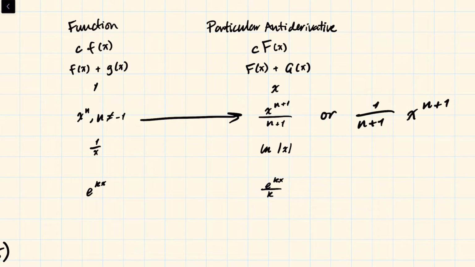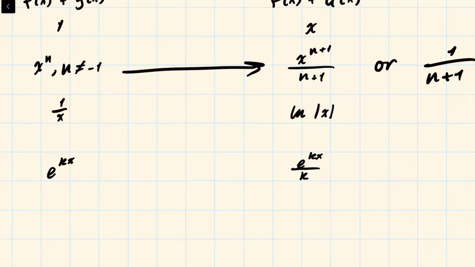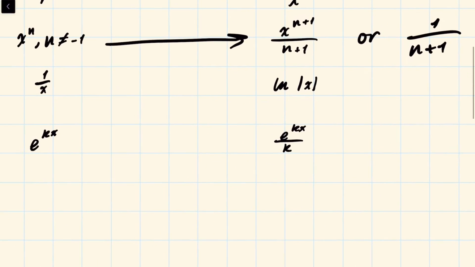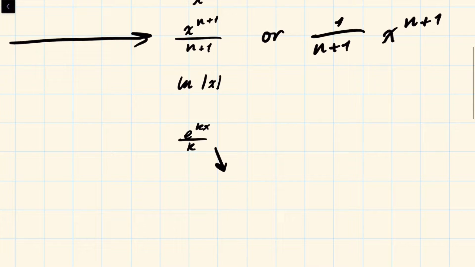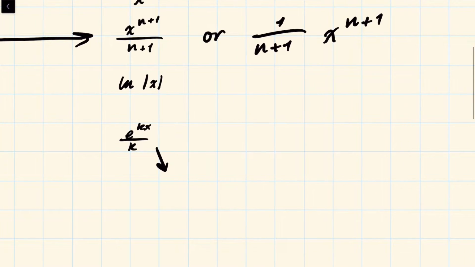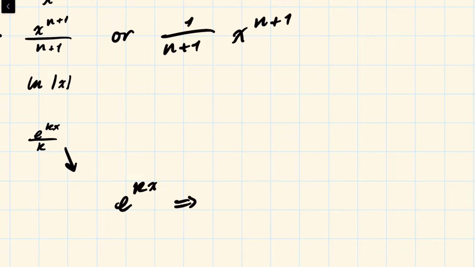And if you have e to the kx here, your antiderivative is going to be e to the kx divided by k, because remember when we differentiate e to the kx, it becomes k times e to the kx, because it stays the same and you're just multiplying by the derivative of the exponent using the chain rule, right?